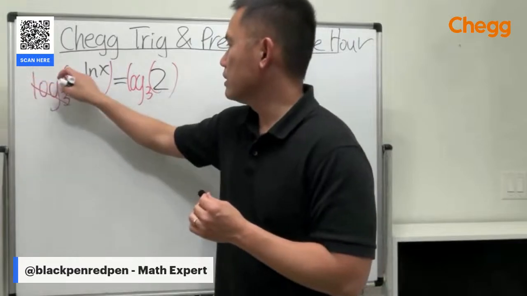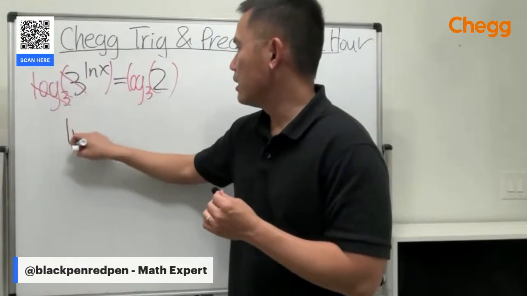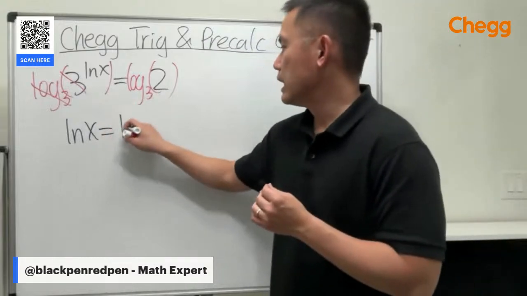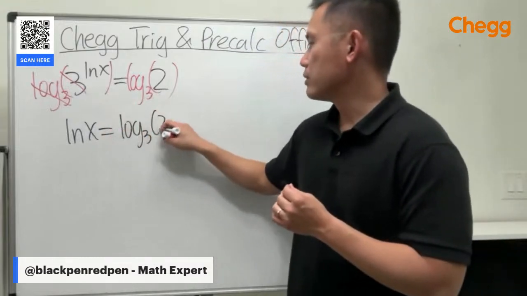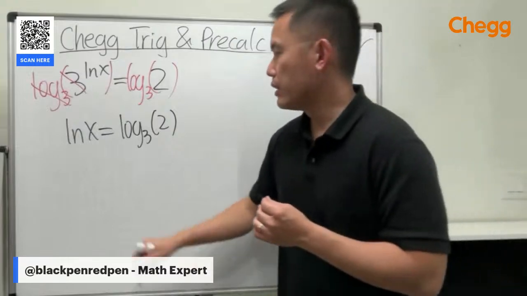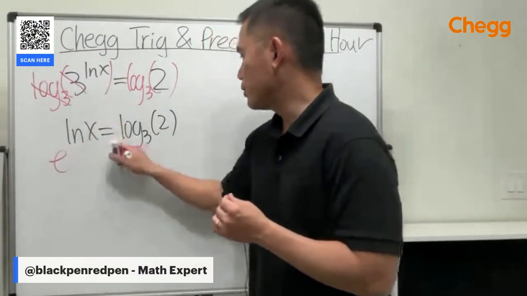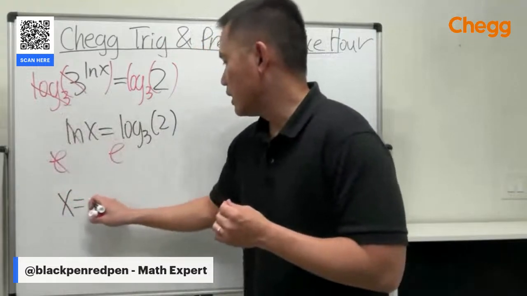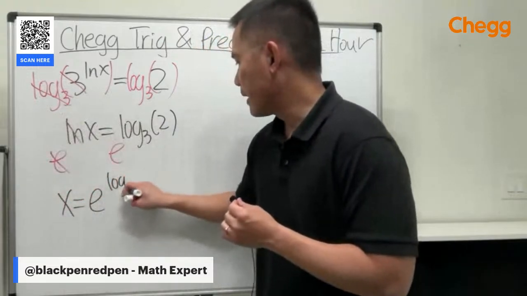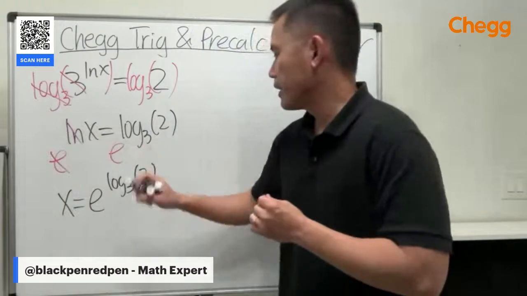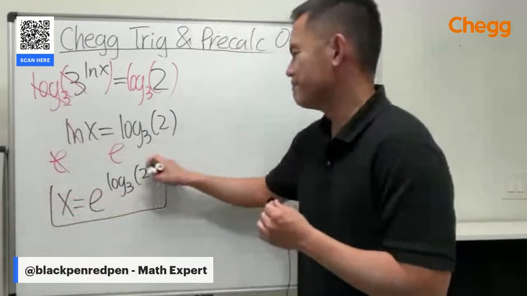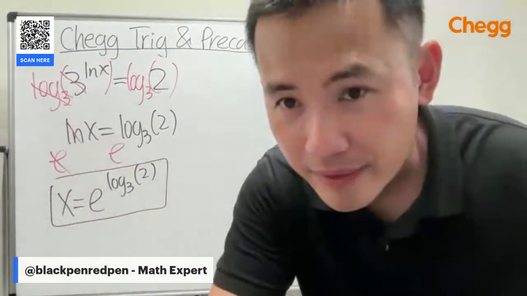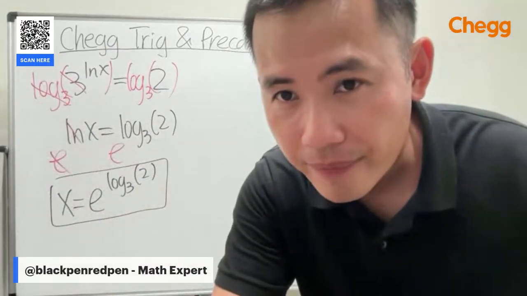You can cancel this, and then you get natural log of x equals log base 3 of 2. And then you can just do e to this power and e to that power cancel, and then you get x is equal to e to the log base 3 of 2. If you box it like this, sure, why not? This is a good answer for that.